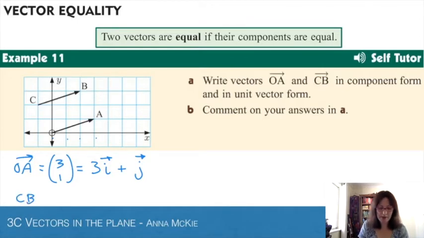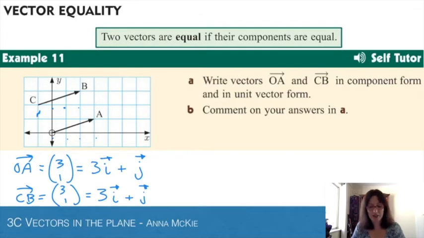What about the other one, CB? The components of CB are from C across to B, 1, 2, 3. We have a horizontal component of 3 and a vertical component of 1. So the unit vector form is 3i of the vector i plus 1 lot of j.